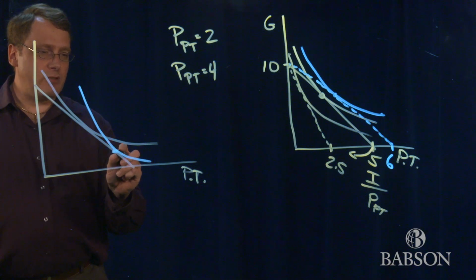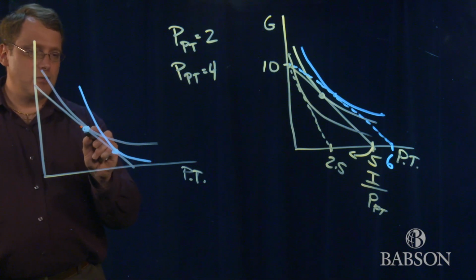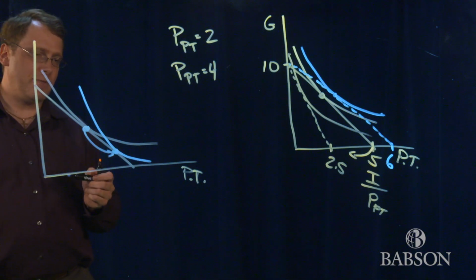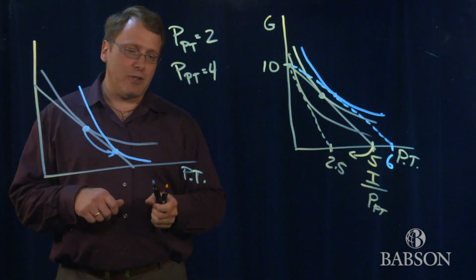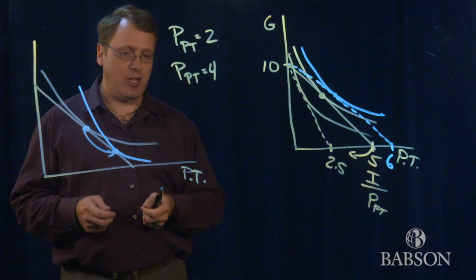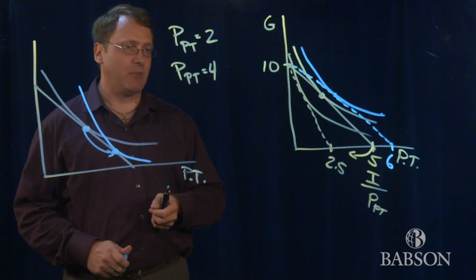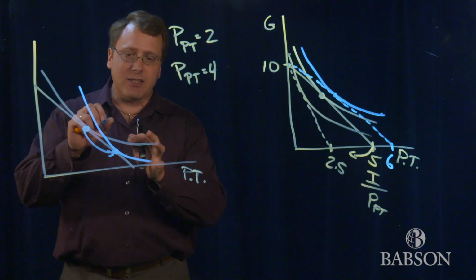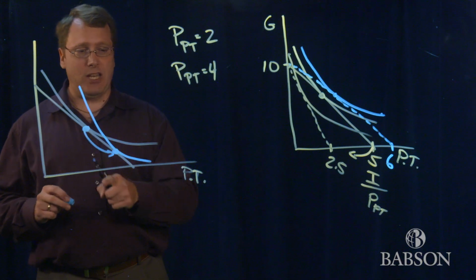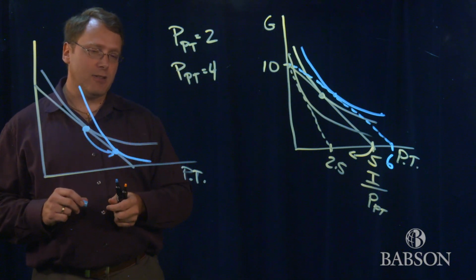And you'll notice that point of tangency moves closer to Pop-Tarts and less granola. This one's a little bit more difficult because we'd have to actually know exactly how the consumer's preferences are changing and think about the shape of that indifference curve. But it does give us some insight in terms of how the optimal bundle will change with consumers' preferences.